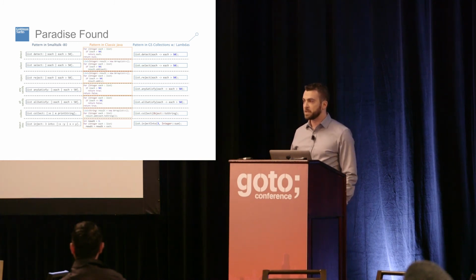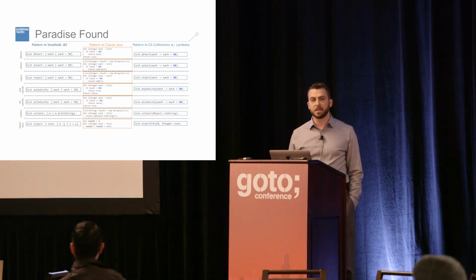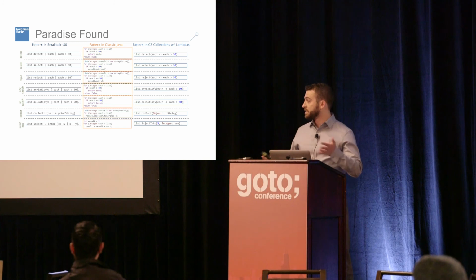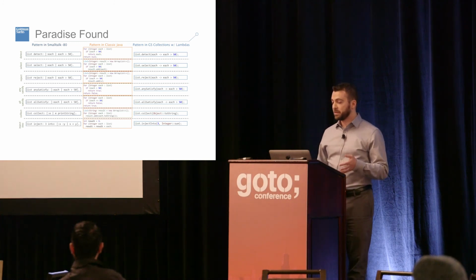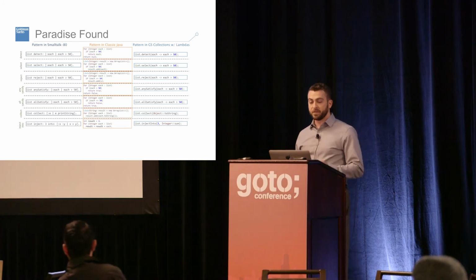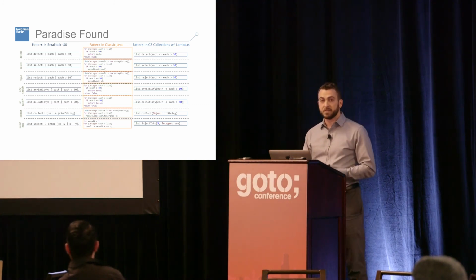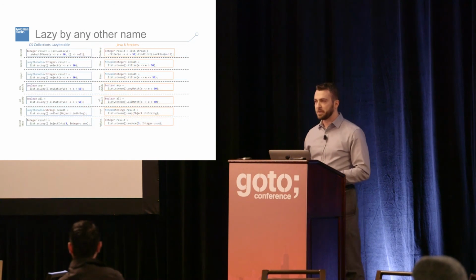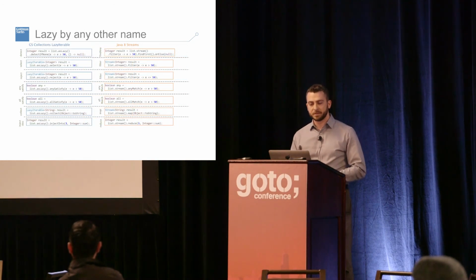JS Collections, I should mention, is backwards compatible to Java 5. It only requires Java 5, but here we're using it with Java 8, so we can use it with lambdas seamlessly. And syntax differences aside, the right and the left look almost identical. And one caveat here is for the last two patterns, collect and inject into, we're actually using the new method reference syntax, and I'll talk about that more later, but we love method references.